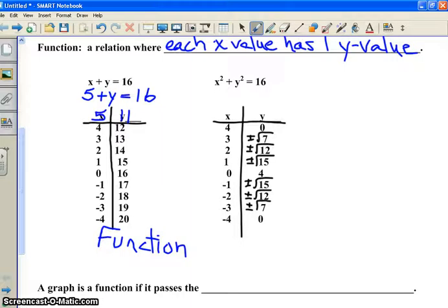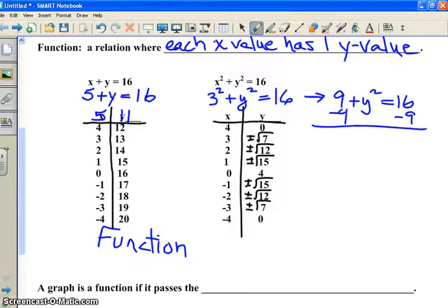Whereas my other relationship, x squared plus y squared equals 16, hopefully you recognize that as being the equation of a circle. Now, notice in my t-chart, when I plugged in x equals 3, and I solve this for y, it's going to be 9 plus y squared equals 16. Subtract 9 from both sides. I get y squared equals 7.